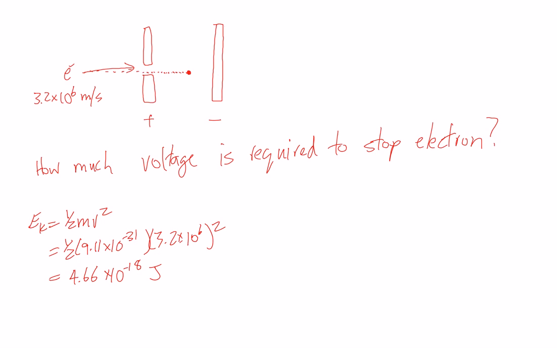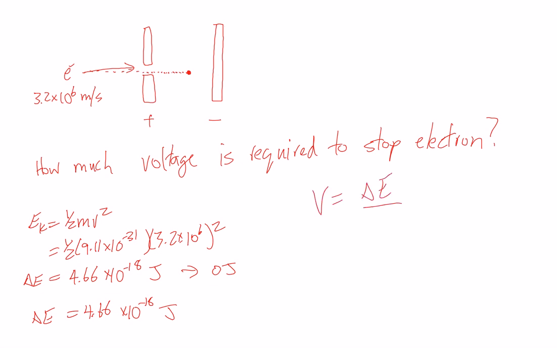So our logic then is that's going to be our change of energy, because the only thing that's different now is we're starting with that, and we're going to end up going to a stop. So our kinetic energy is going to go from 4.66 to 0. So our change in energy is exactly 4.66 to the negative 18. The only thing we have to do differently now is calculate our voltage.